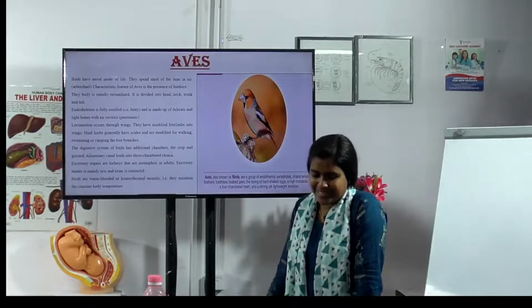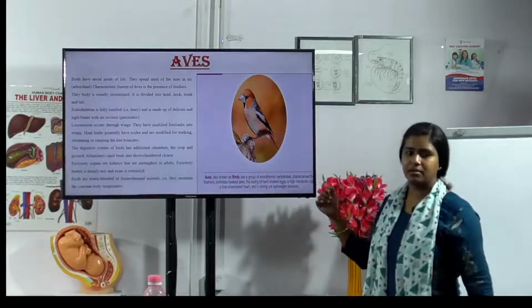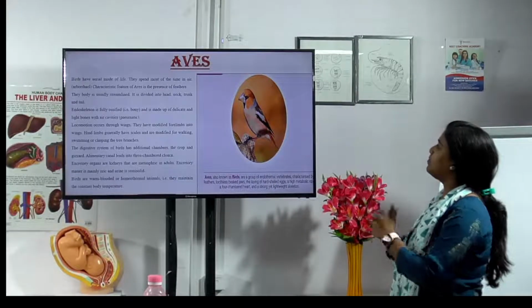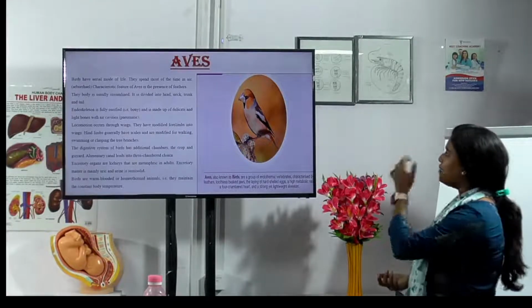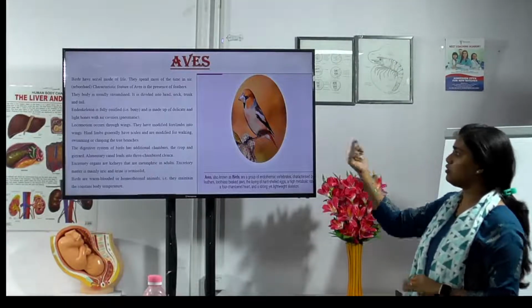The next one is Aves, with an aerial mode of life. They spend most of their time in the air. Their characteristic feature is the presence of feathers, and the body is usually streamlined, divided into head, neck, trunk and tail.